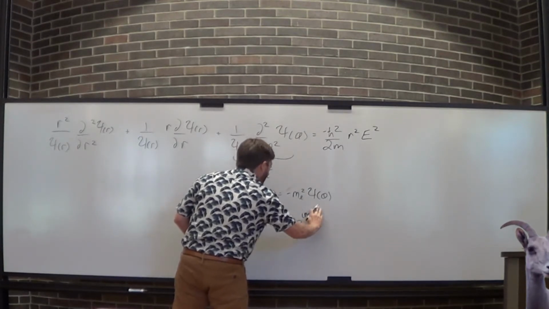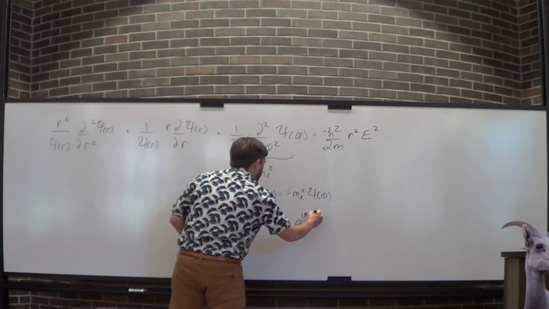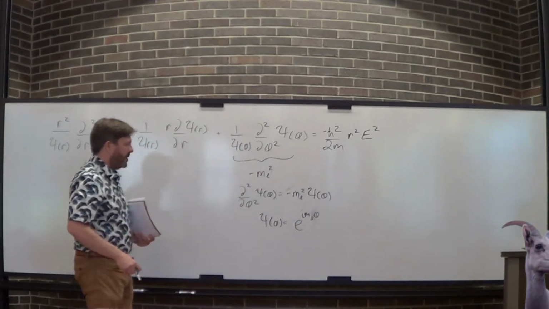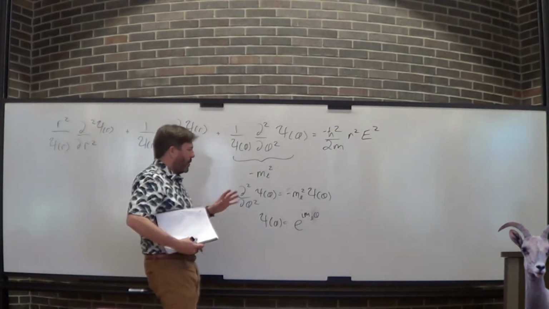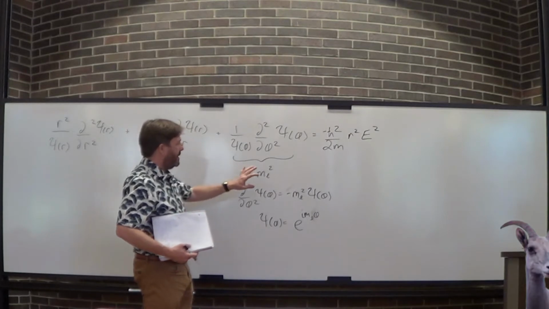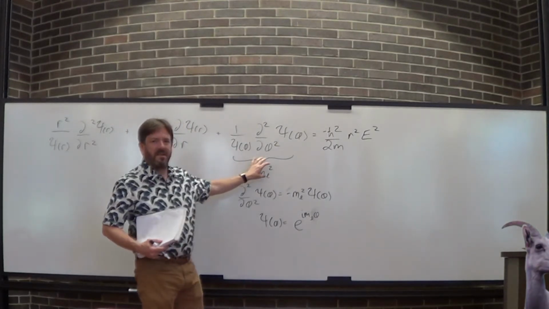And now you can see that the double derivative brings down an i squared, m sub l squared, and that's why I'm saying the whole shebang is equal to minus m sub l squared. Anyway, like I say, what I got confused about last time is that I wasn't sure what constant it was equal to.